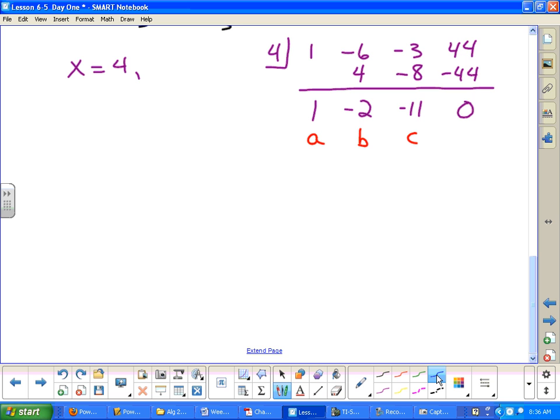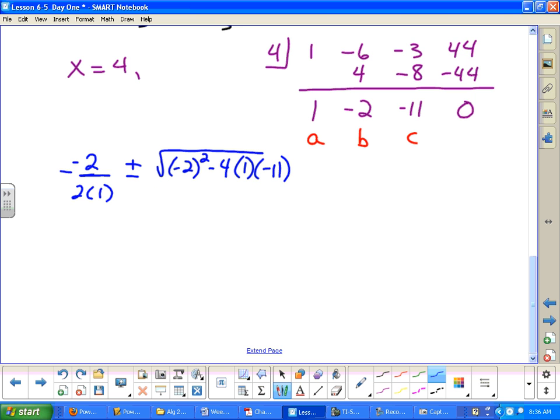So we have -2, or I should say the negative of -2 over 2 times 1, plus or minus the square root of -2 squared, b squared minus 4 times a times c, divided by 2 times a.